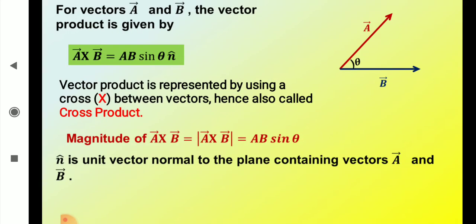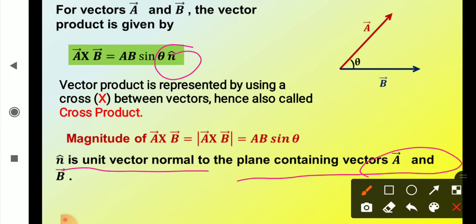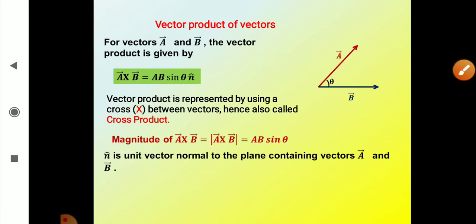Now this unit vector n is normal to the plane containing vector A and vector B. See, कोई भी दो वेक्टर्स से पास होने वाला एक प्लेन होगा, सो यूनिट वेक्टर इस प्लेन के नॉर्मल होगा. सपोजिंग कि ये वेक्टर A और B इस पेपर के प्लेन में है, तो यूनिट वेक्टर इस पेपर के परपेंडिकुलर होगा, नॉर्मल होगा, और ये इनवर्ड हो सकता है, आउटवर्ड हो सकता है. सो इनवर्ड आउटवर्ड डिसाइड करने के लिए हमारे पास रूल्स हैं.